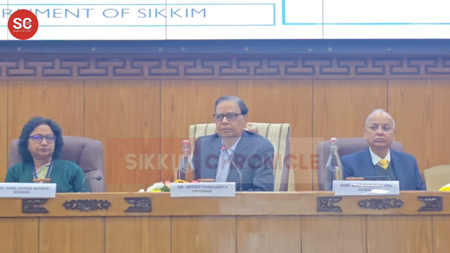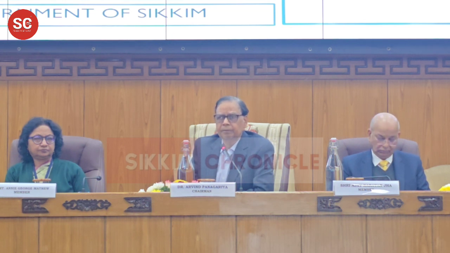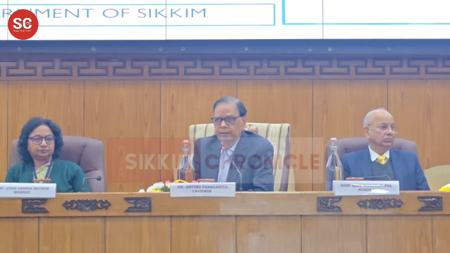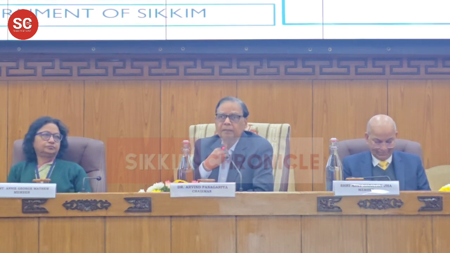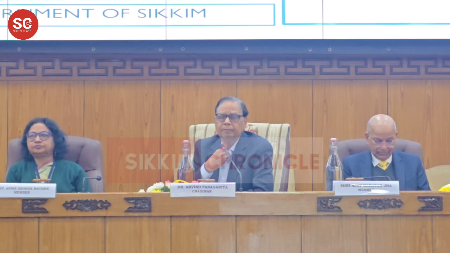Then the Commission also makes recommendations on certain grants to the local urban bodies and local rural bodies. These grants come out of the central government's budget. These are not part of the divisible pool. Also, the Commission is asked to make recommendations on disaster relief and disaster management.